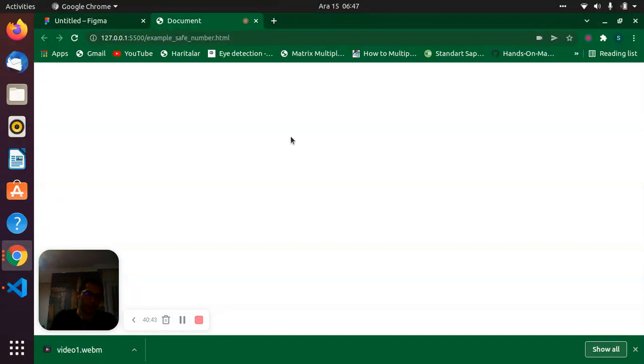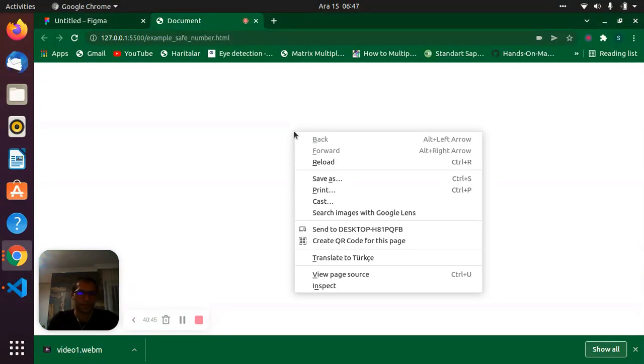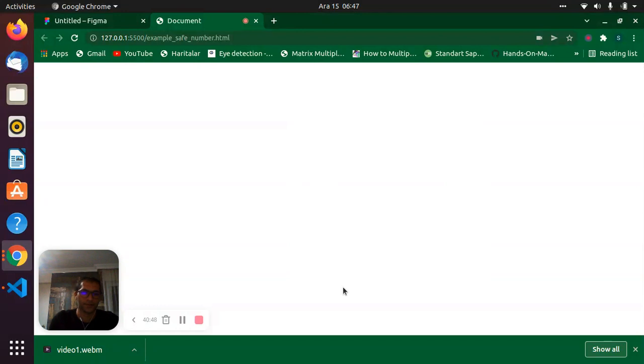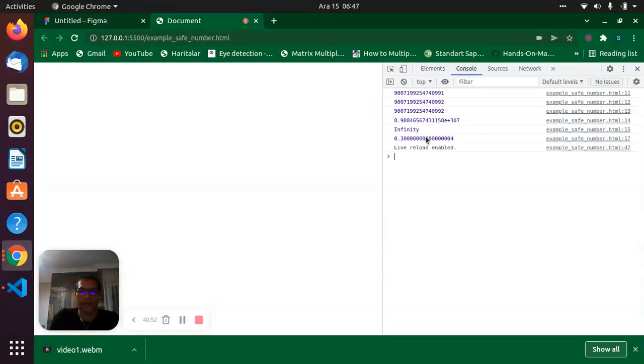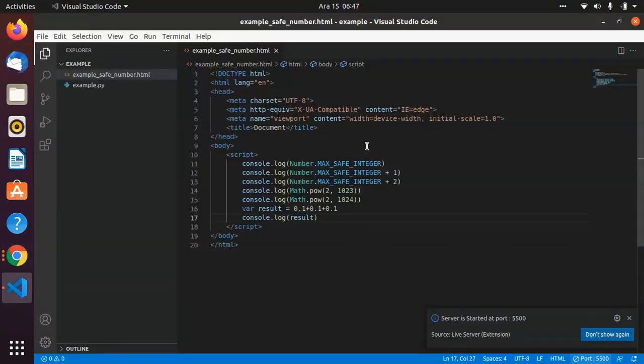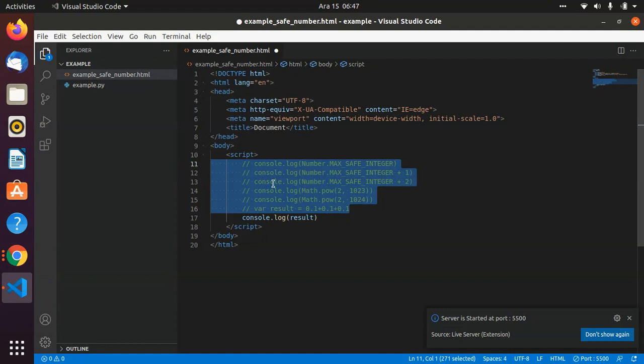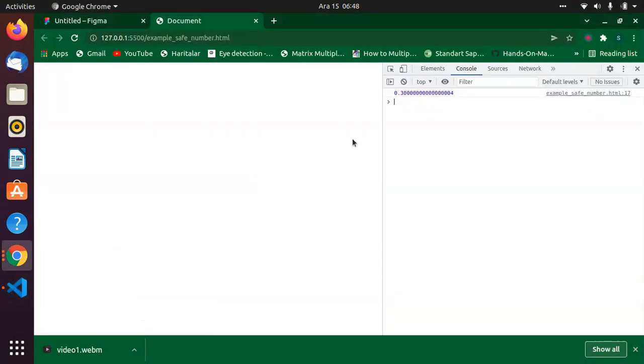Just go inspect. In the console, let's look. This one here. Anyway, I can delete the other one. Let's take them in the comment.